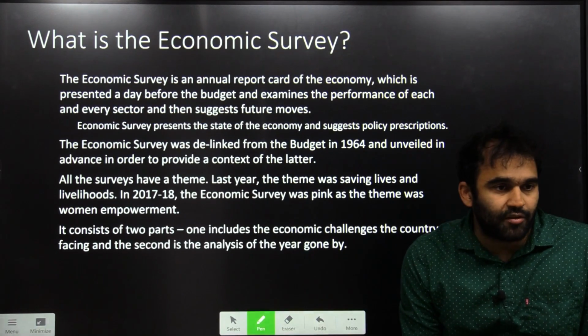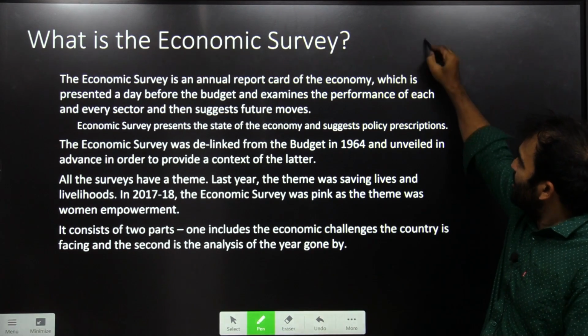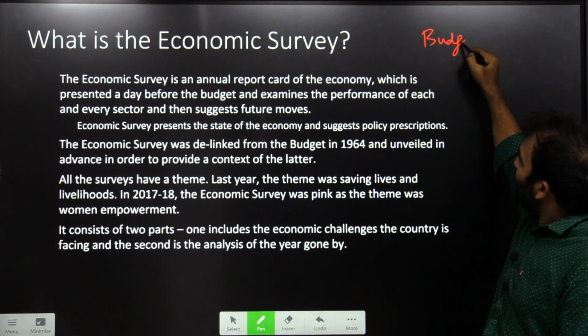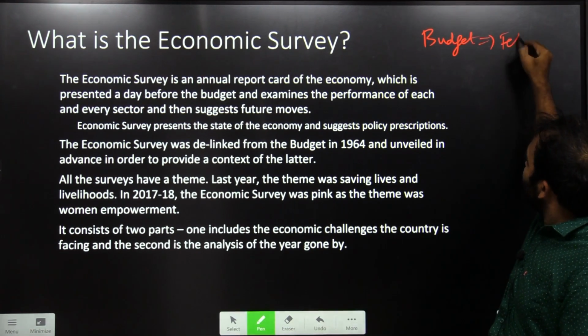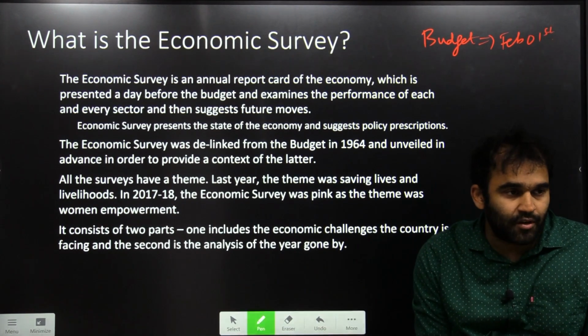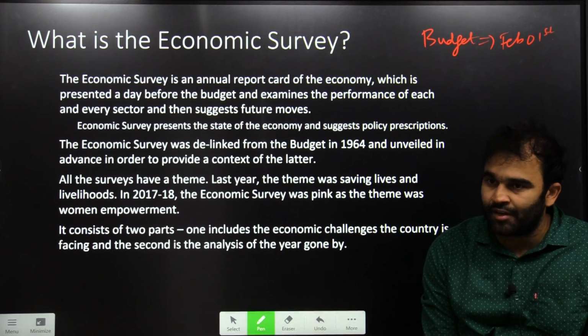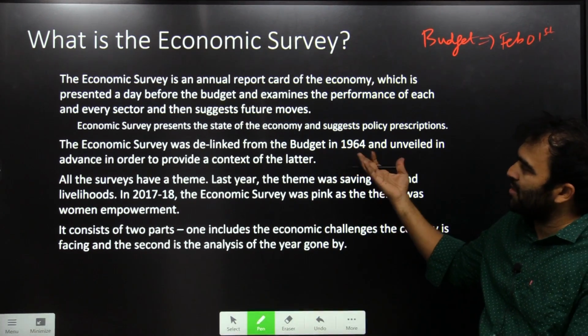Every year economic survey is presented before the presentation of the budget. When is the budget presented? Budget is presented on Feb 1st. So the economic survey will be 1 day before the presentation of your budget. So just go through them once.